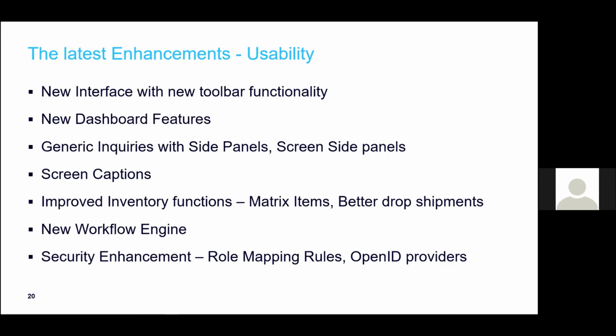What a side panel is: when you select a record in your generic inquiry, related data to that record will appear in side panels, allowing you to be exposed to more of a 360 view of something. So for example, let's say I've designed a generic inquiry that allows me to click on a customer. Well, I could have multiple side panels that show me open orders, open invoices, open opportunities, all within simple side panel clicks.